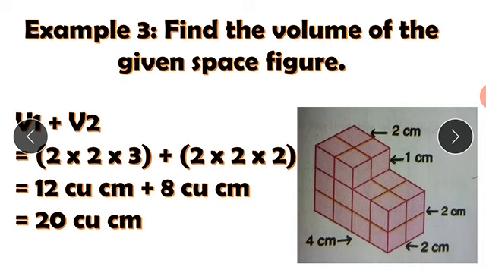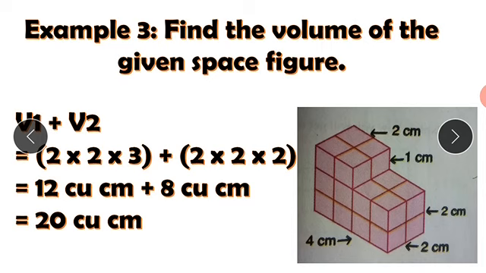So let's say this one would be volume 1, and the lower part is volume 2. The tall part is volume 1 and the smaller part must be volume 2.